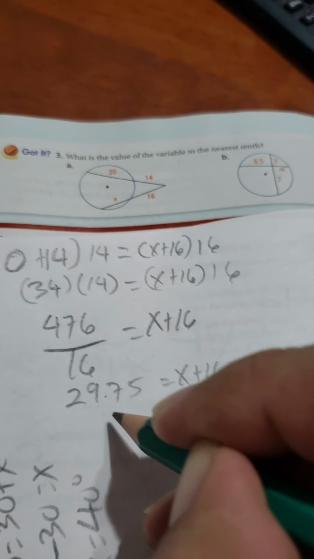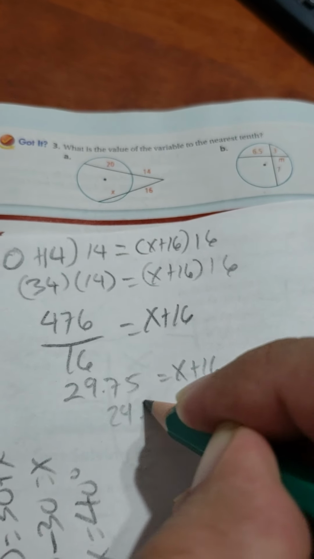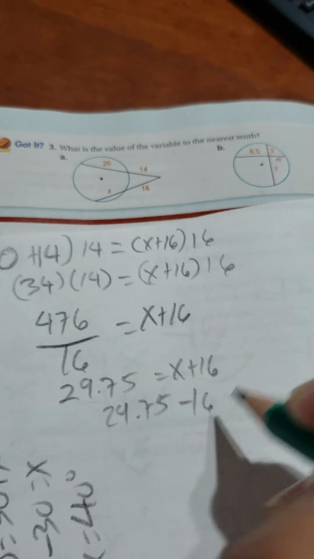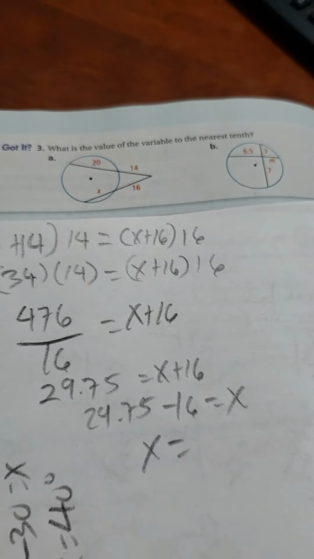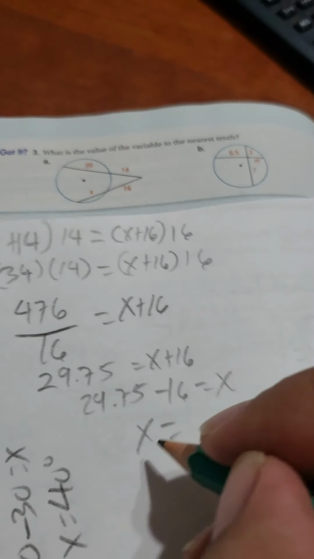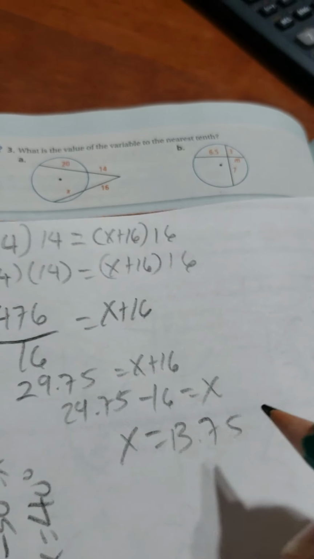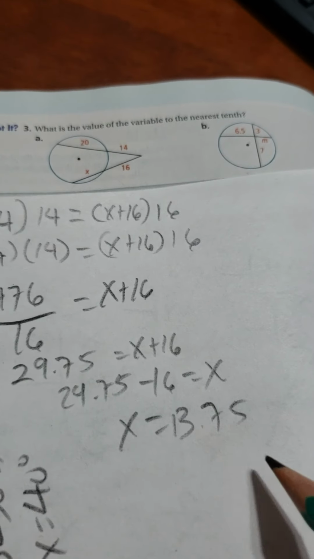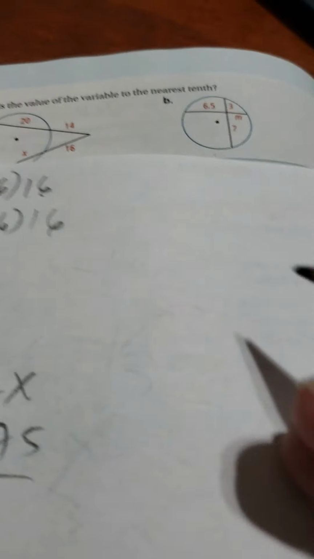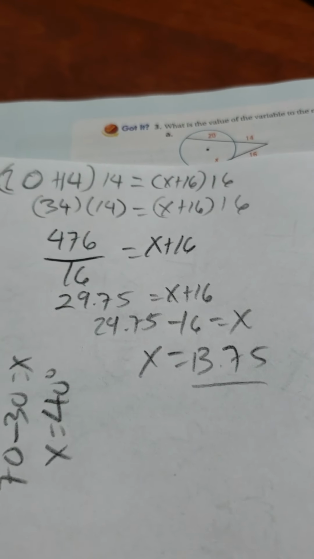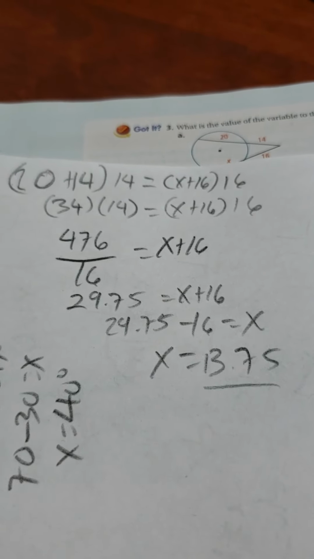Now, the last part will be 29.75 minus 16 is equal to x. X is equal to 13.75. And that is the answer for that one. Now, what happened in the other example that is here? All this is the result in number 3.